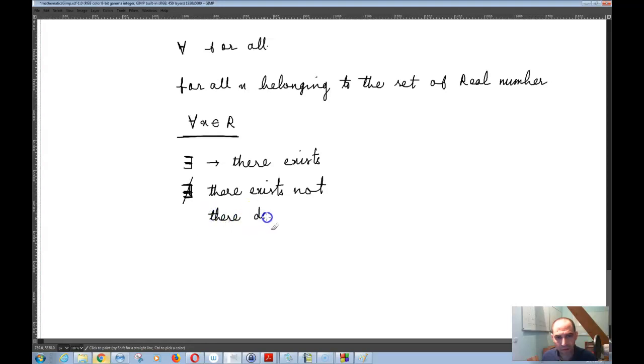And then this means therefore. And this thing over here means since or because.